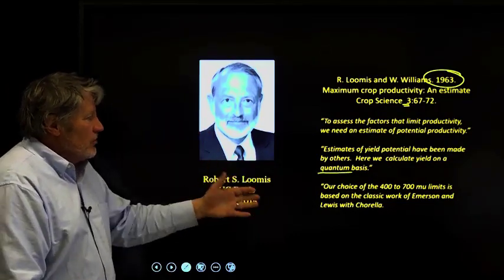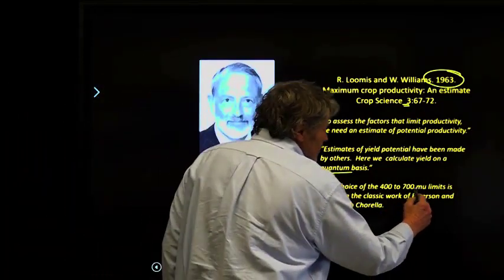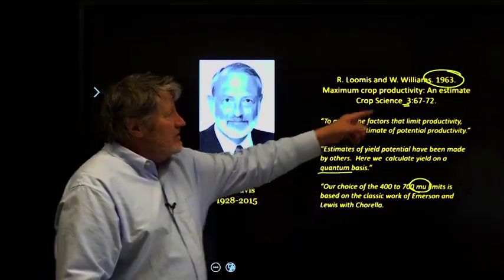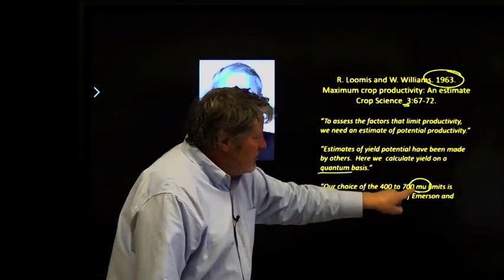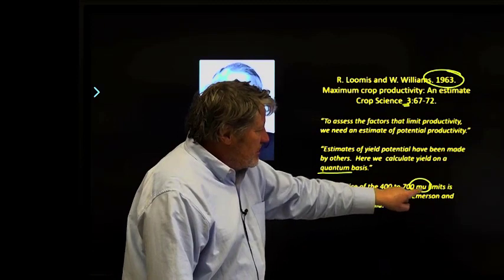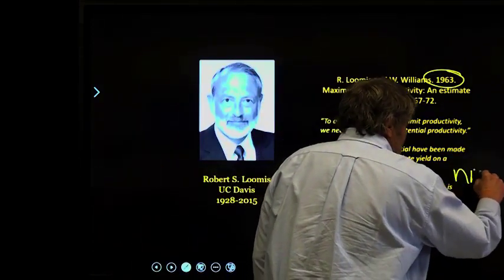Our choice of 400 to 700, now look at this unit right here, mu. This was 1963. SI units weren't widespread yet. This means millimicrons. So 10 to the third times 10 to the minus sixth, that is now a nanometer.